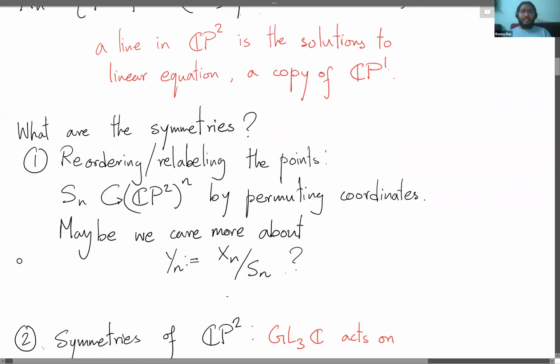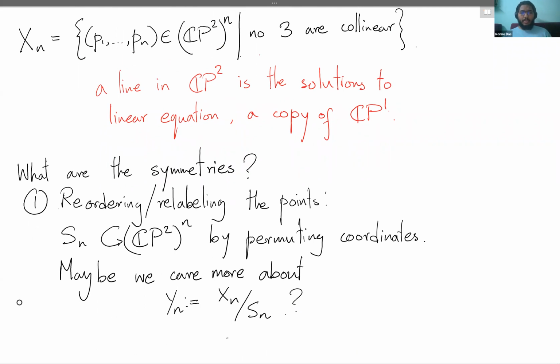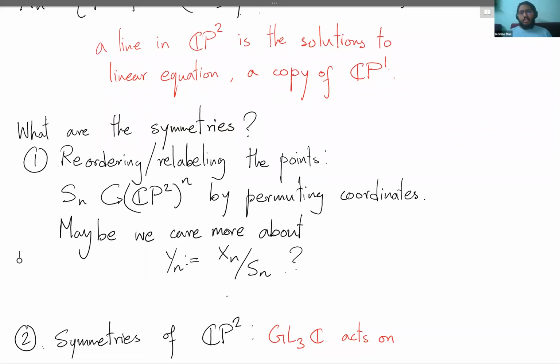That's essentially given by an action of the symmetric group on n letters permuting the n coordinates of this tuple. So you might care more about the quotient by this S_n. I'm going to call that space Y sub n.